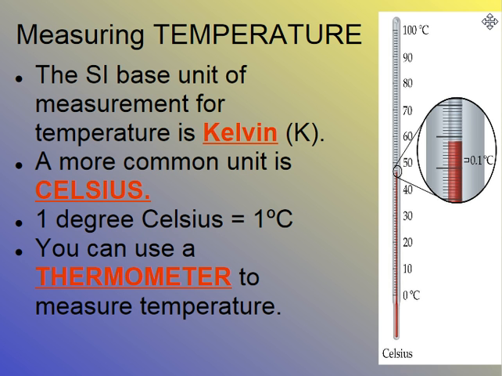And the reason for that is Kelvin actually starts at a negative 273 degrees Celsius. And the reason why Celsius is so much easier to use is because at 0 degrees Celsius, water freezes. At 100 degrees Celsius, water will boil. So it's just easier to use Celsius versus Kelvin.